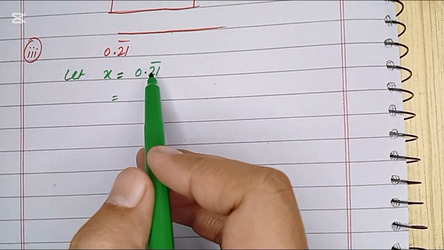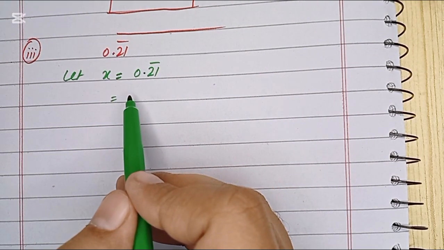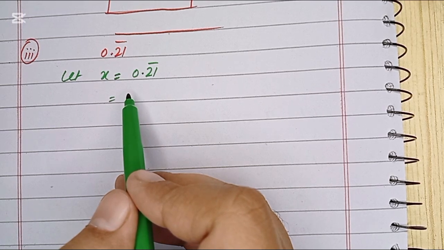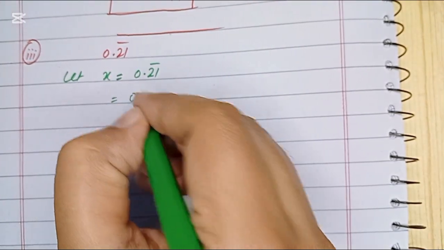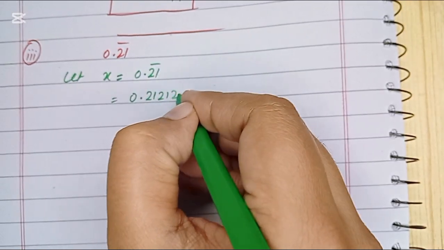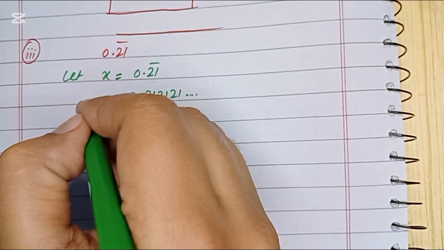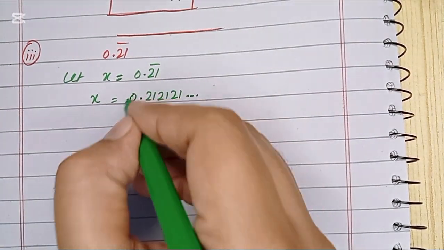The bar on 21 indicates that in this non-terminating expression 21 is repeating infinitely. It means 0.21, 0.21 and so on is repeating to infinity.